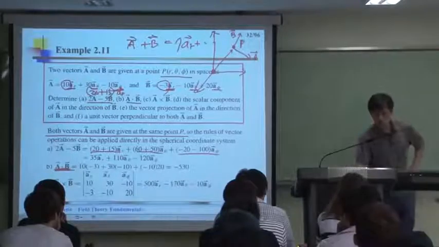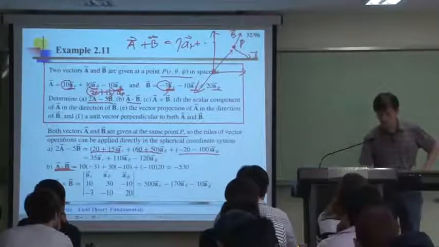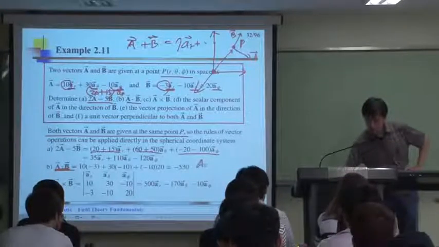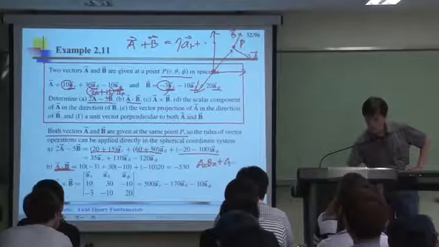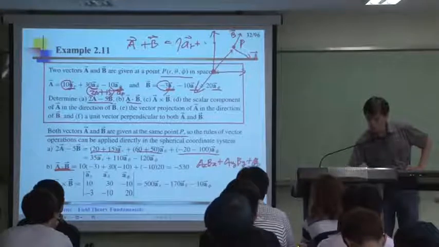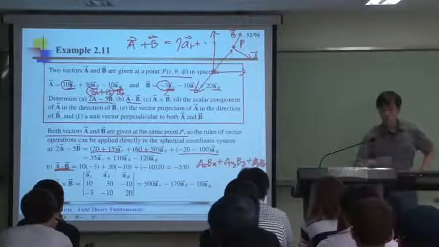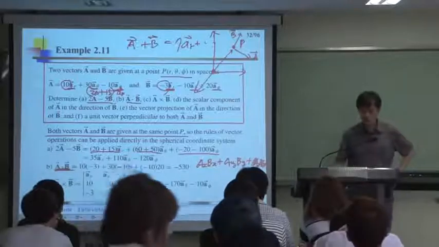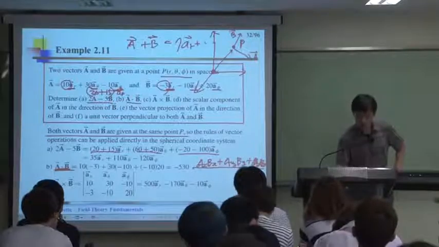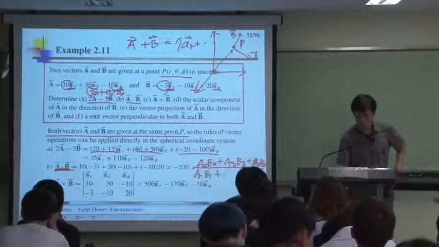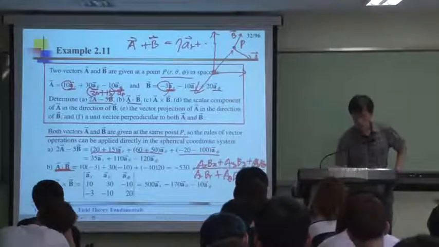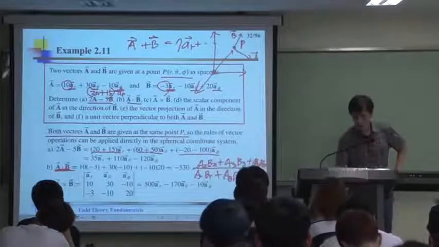In the case of the x, y, z coordinates, A dot B was given by this way: ax bx plus ay by plus az bz. So the same way you have done in the x, y, z coordinates, it can also be done as ar br plus a theta b theta plus a phi b phi.